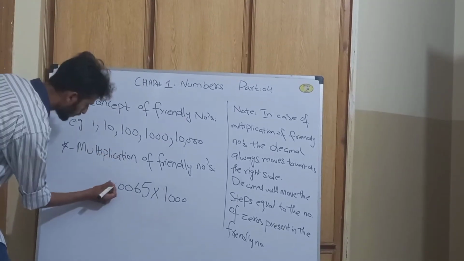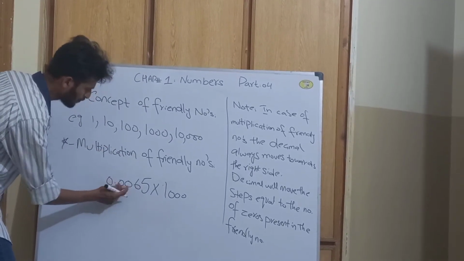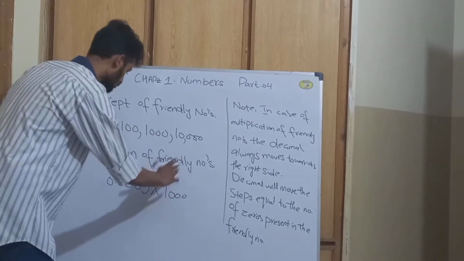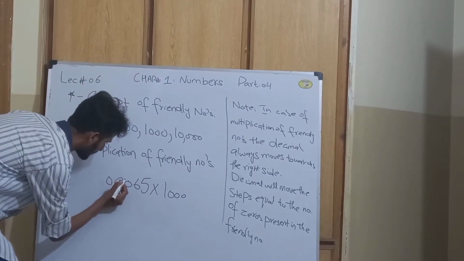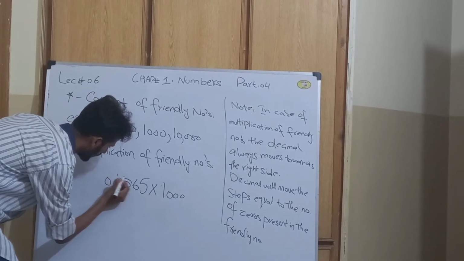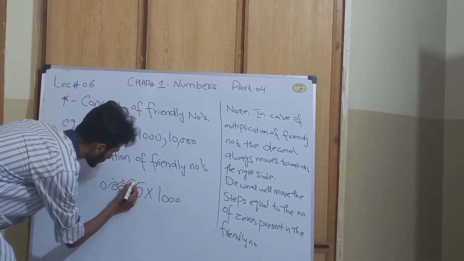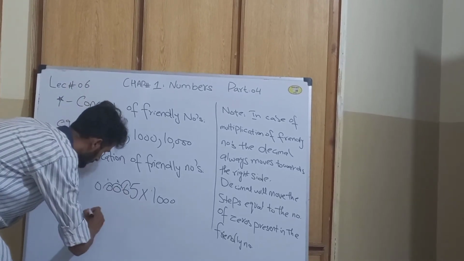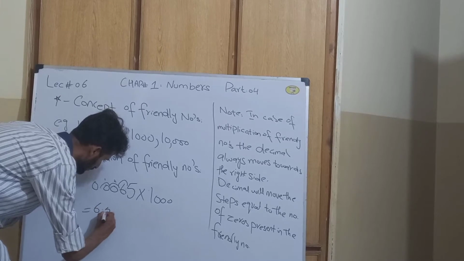As we have 4 digits after the decimal, we have a sufficient amount of digits, so we can move 3 steps. One step, second step, and it's our third step. So the decimal will come over here. The answer will be 6.5.